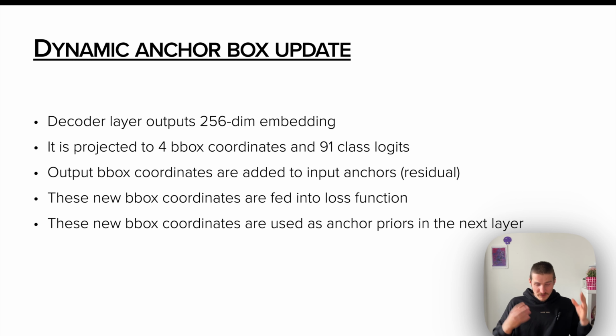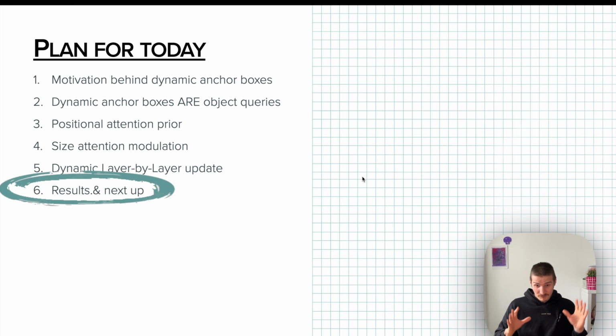And then we feed that into the loss to make sure that every anchor box in these intermediate layers is actually trained to be an anchor box, so x and y coordinates, height and width. And also these new approximations of the bounding boxes are used as queries for the next layer. So we update our estimation of the size and position of the object, and we use that updated estimation to modulate our attention.